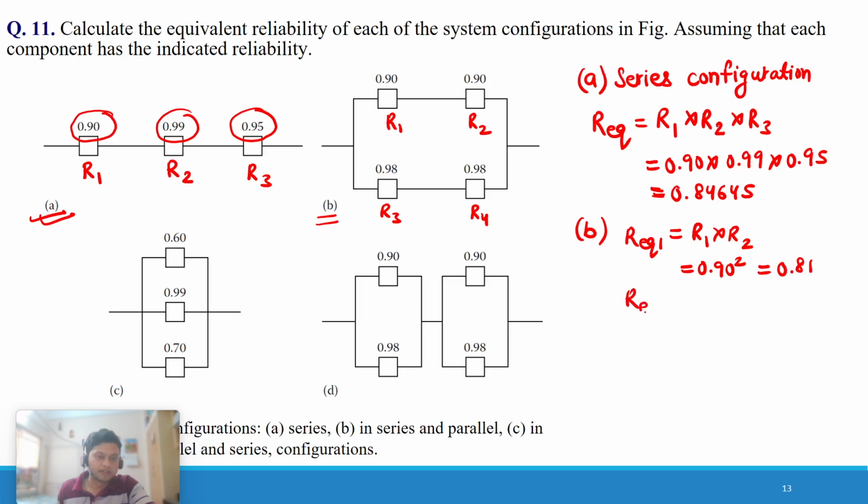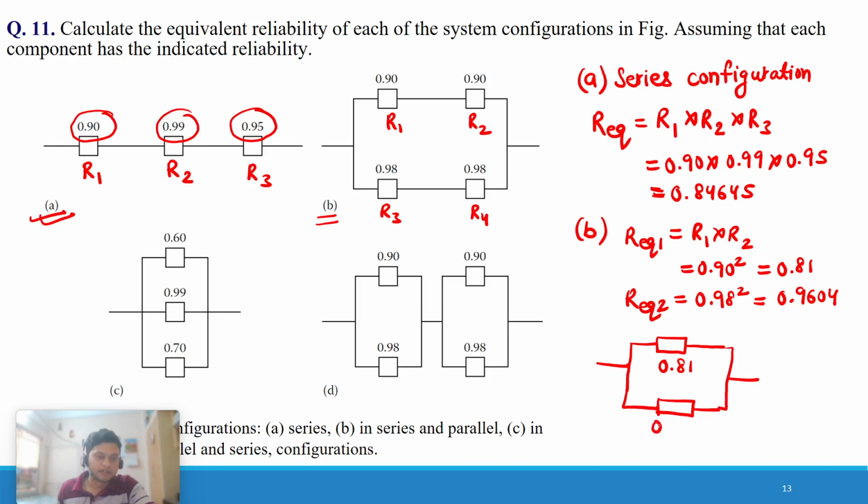And R equivalent 2 will be 0.98 square, which is 0.9604. And for the parallel combination, now we have this value 0.81 and this value 0.9604.